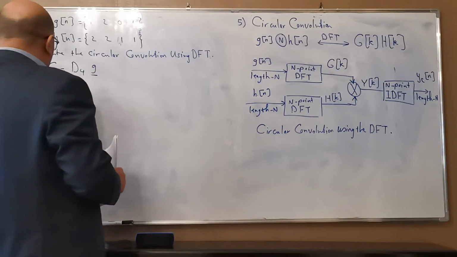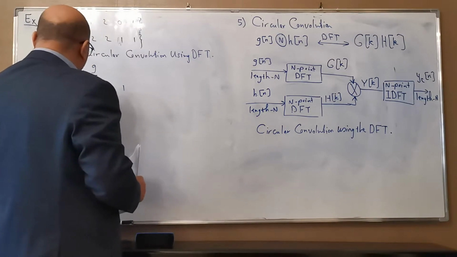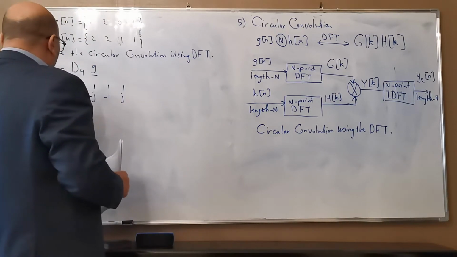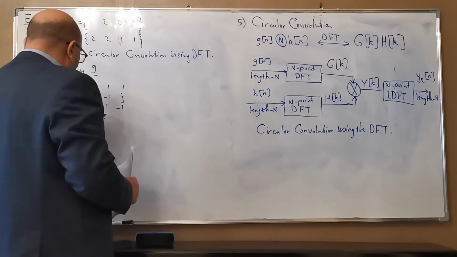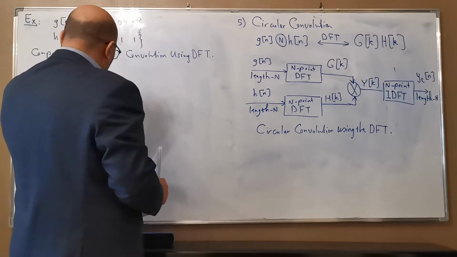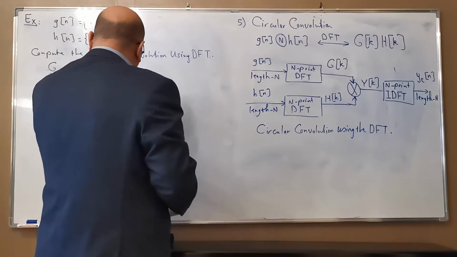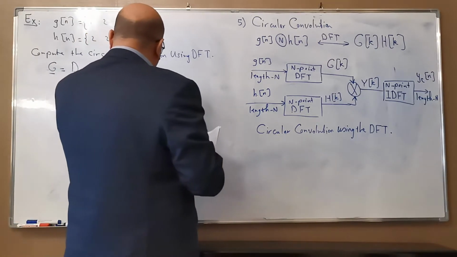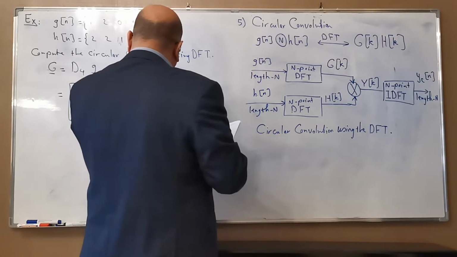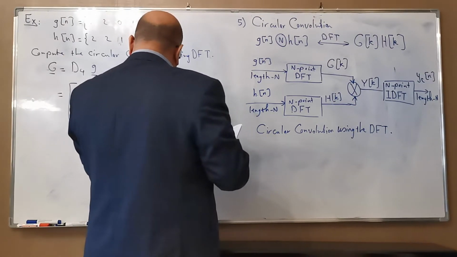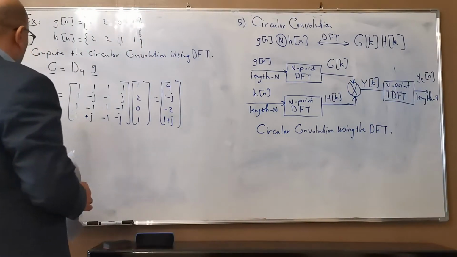This is the 4 by 4 DFT matrix, rows 1, 1, 1, 1; 1, minus j, minus 1, j; 1, minus 1, 1, minus 1; 1, j, minus 1, minus j; times 1, 2, 0, and 1. And the result of this, we already have. It is equal to 4, 1 minus j, minus 2, 1 plus j. So this is the answer of the first one.